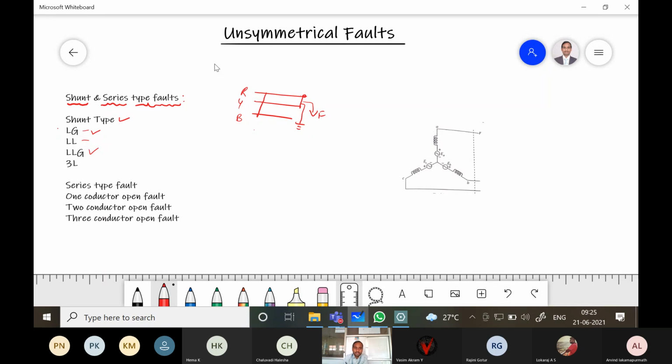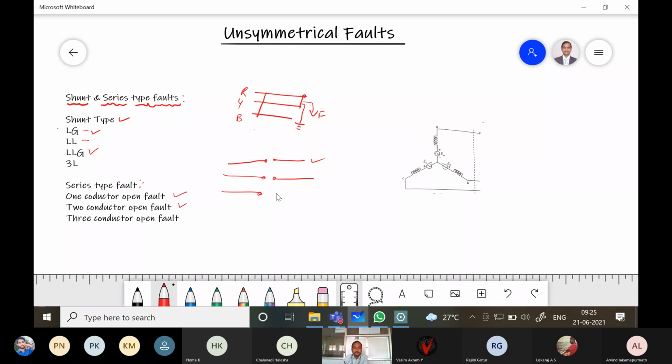So what do you mean by series type faults? A series type fault means the line is open somewhere, the line is cut. It is not connected to the ground, it is just open. This is called a one conductor open fault. Similarly, in the three phase line, two conductors may open, which is called a two conductor open fault.